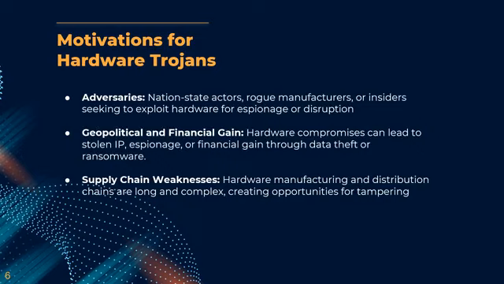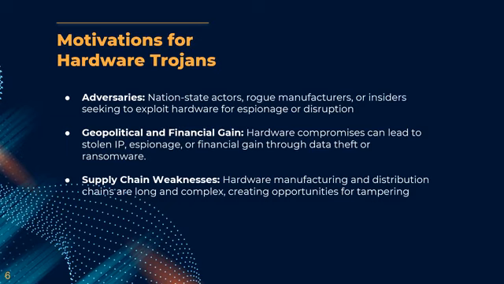Why do adversaries target hardware in the first place? There are several reasons. First, adversaries can include nation states, rogue designers, or malicious insiders. Their motivations are always quite diverse: geopolitical advantage, financial gain, or even corporate sabotage. For example, compromised hardware could be used to steal intellectual property or sensitive government data.